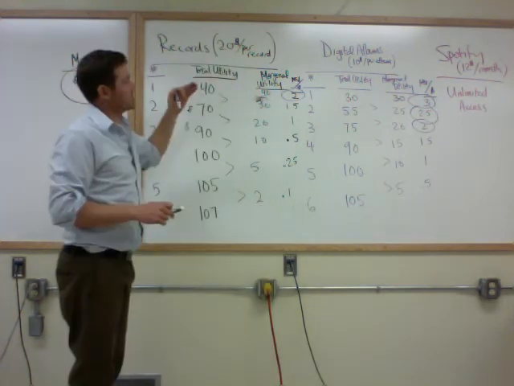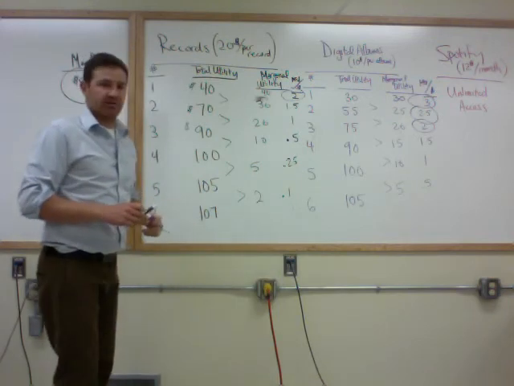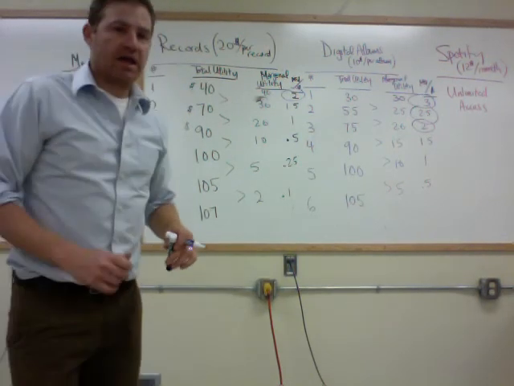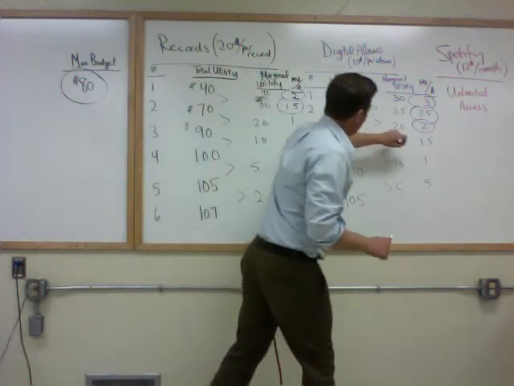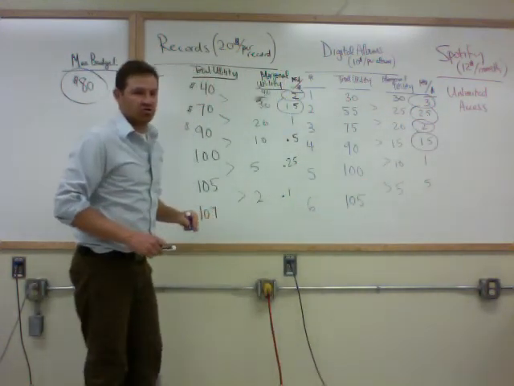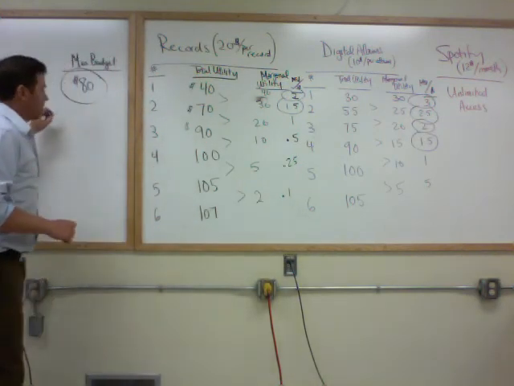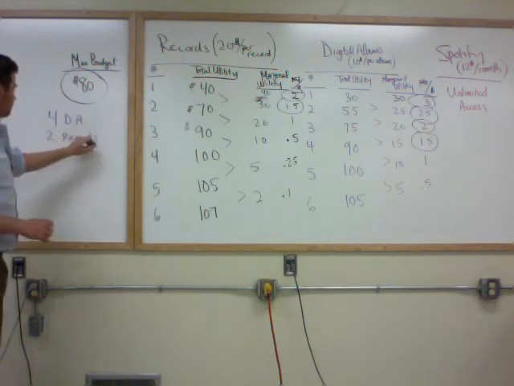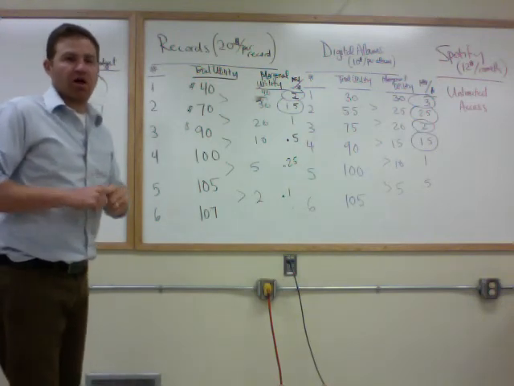Now we've spent $30 on digital albums, $20 on records, so now we've spent $70. And lastly, these two are the same too, so we're going to buy one more of each, and we have spent our total budget. So in the end, to maximize our utility, we would have purchased 4 digital albums and 2 records. Okay? So that's how you implement these ideas of marginal utility per dollar given a budget.